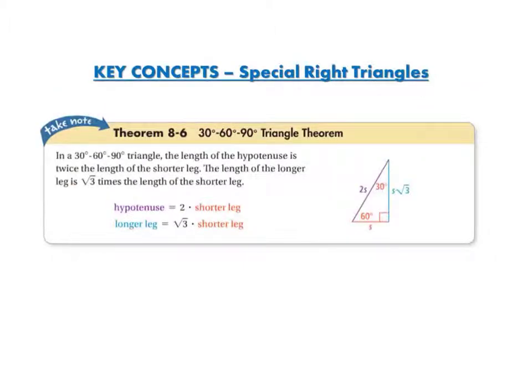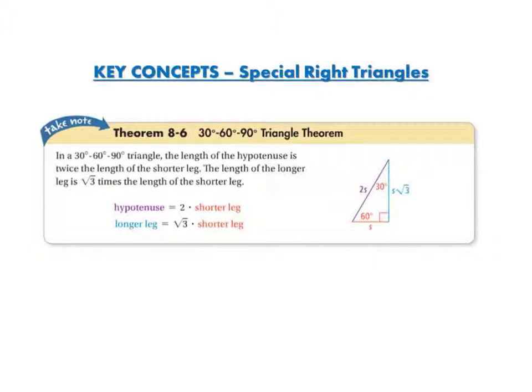The ones that are just a little more difficult are the 30-60-90 right triangles. And there are 2 rules here. First, the one thing you need to look at is that it all hinges on the shorter leg. The shorter leg is the one that is across from the 30 degree angle.